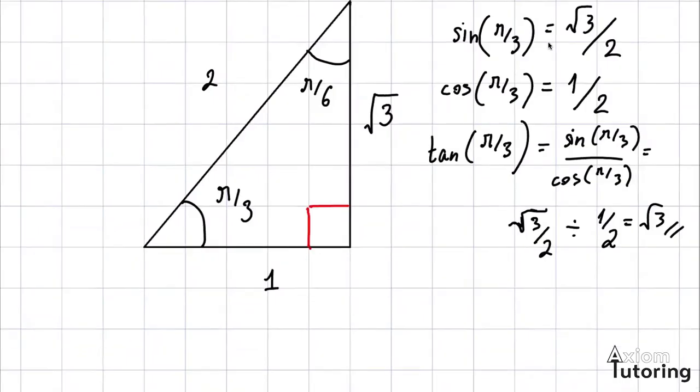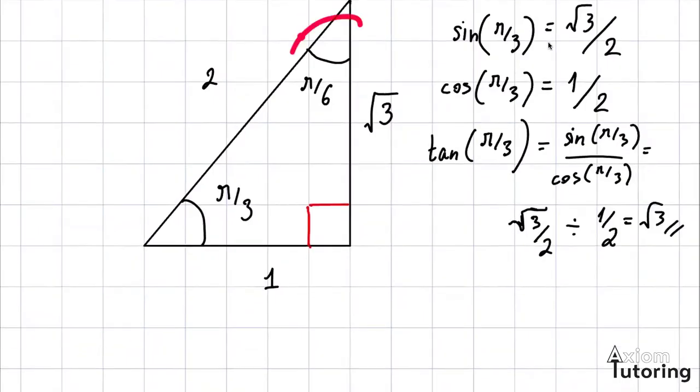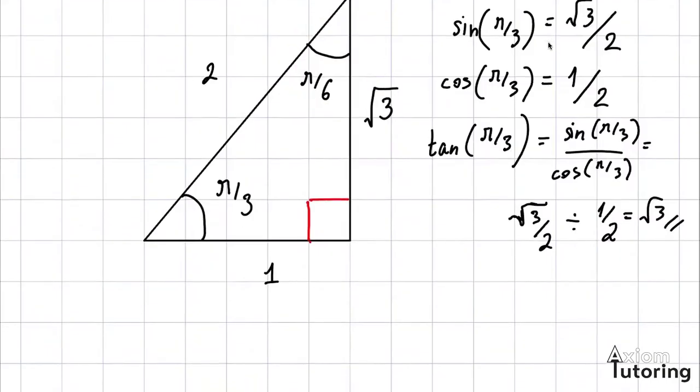So now let's take theta as pi over 6. So we're going to start writing the exact trig values for theta as pi over 6. So this time our opposite side is equal to 1 for sine, so opposite over hypotenuse. Our hypotenuse is still 2.